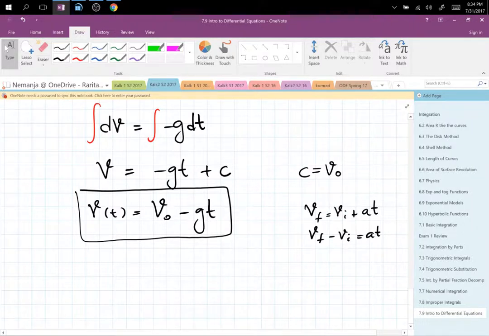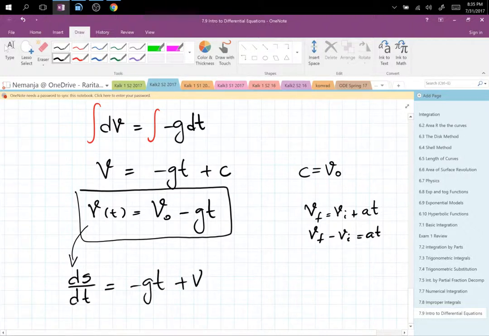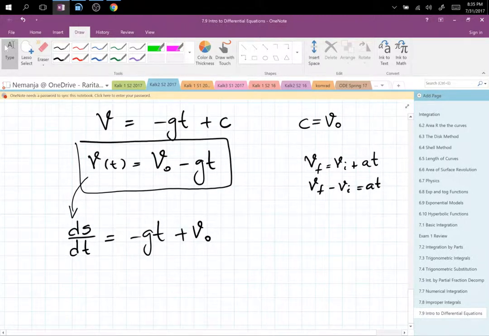Now, I'm going to push this forward and say that velocity is a change in position. So I'm going to write velocity as ds over dt, equal to negative gt plus v0. And I see that s is a variable that depends on time, and we have dt.